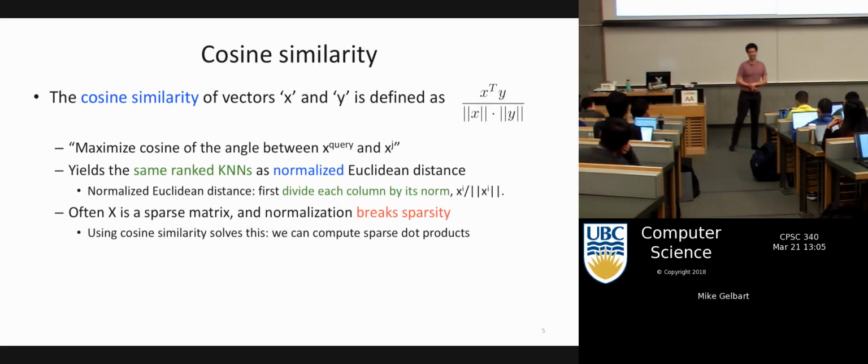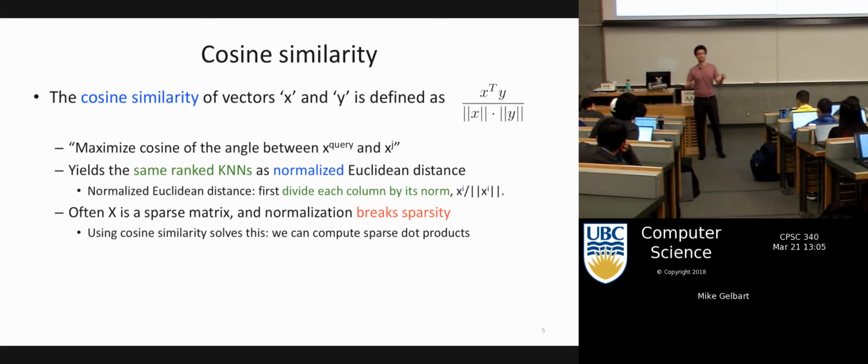So this X matrix maybe only has 100 non-zeros per row, and there's maybe 1 million items, so that's like 1 in 10,000 sparsity or something like that. So these matrices are very sparse, and as we saw earlier in the course, if you store a sparse matrix densely, you're just storing a whole bunch of zeros, then it might not fit in memory, but you might as well just store the non-zero entries, and that's really nice.